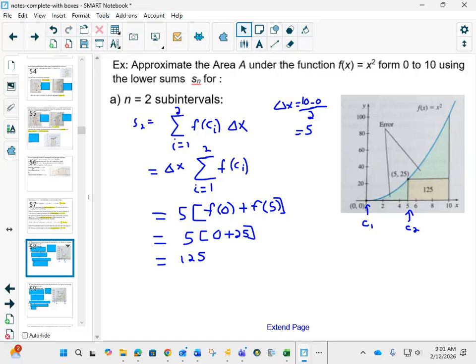The first rectangle actually has no height, so it would be 0. The second rectangle has a height of 25 and a width of 5.